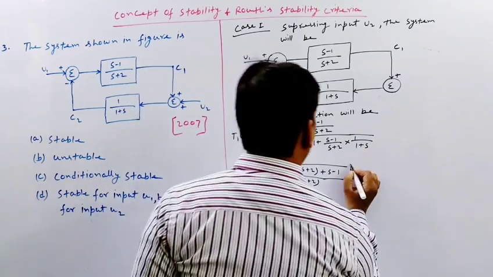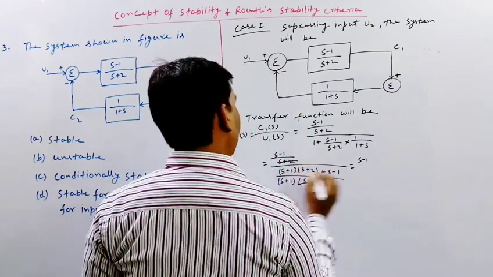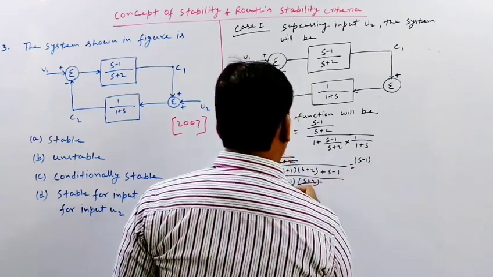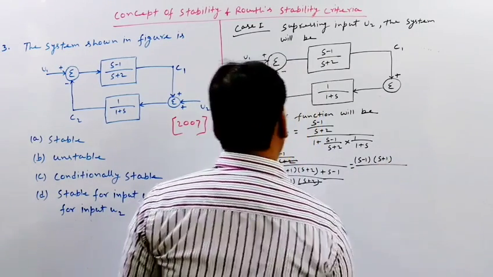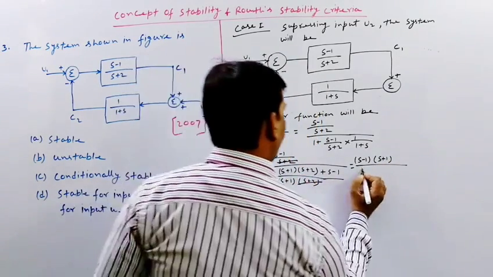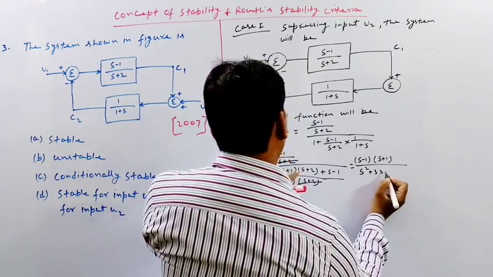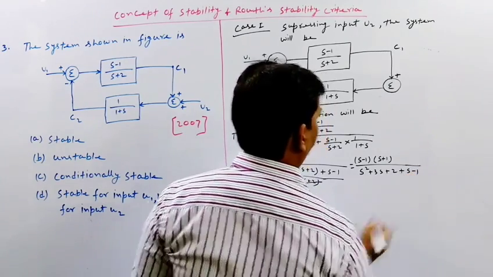Now (s minus 1) and (s plus 2) will cancel each other. So it will be (s minus 1) multiplied by (s plus 1) in the numerator, divided by s square plus 3s plus 2 plus s minus 1.